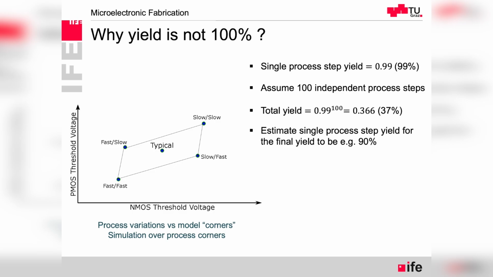And so one of the things that we also have available in the design process is the variation. We have information from the process. What is the variation in parameters? For example, for simulation, we are using the threshold voltage for PMOS, P-channel, and NMOS channel transistor.